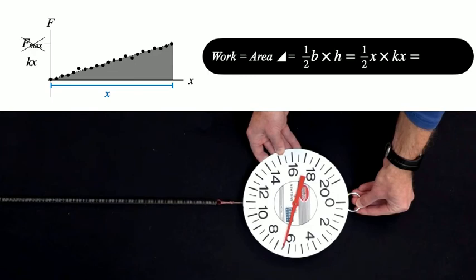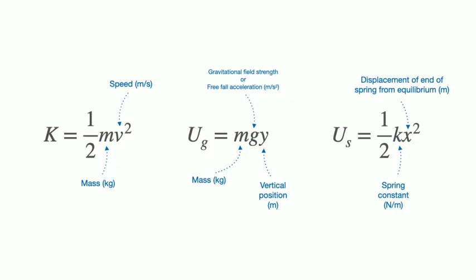So 1/2 base x times height kx gives us 1/2 x times kx, which gives us 1/2 kx squared. It's good to know that these three formulas actually come from the same concept, which helps us to synthesize the information we've been given about work and energy.